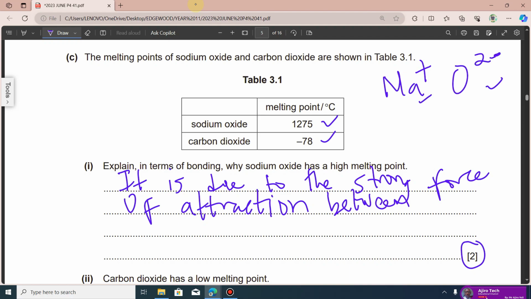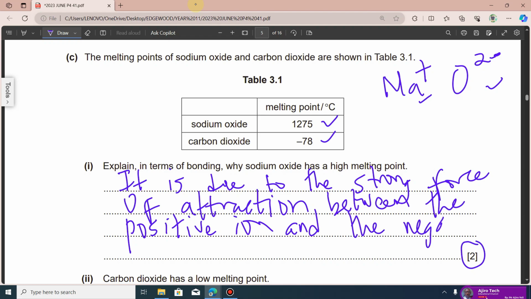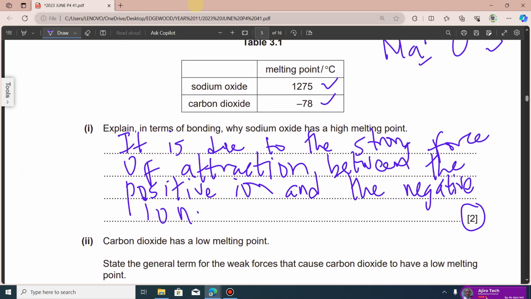It is due to the strong force of attraction between the positive ion and the negative ion. This is what results in the high melting point of sodium oxide: a strong force of attraction between the positive ion, sodium, and the negative ion, oxygen.